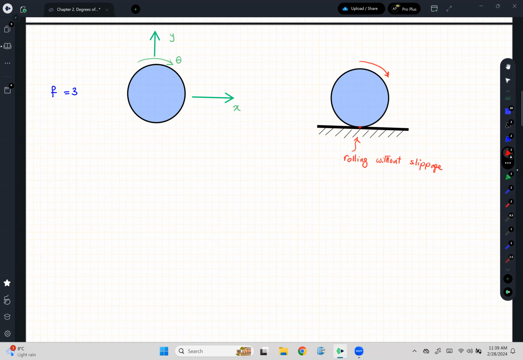So I want you to visualize your car or somebody's car moving on a street. In a regular motion, the wheel just rolls, right? It just rotates and rolls. But imagine that somebody is moving fast, all of a sudden, they put on a brake, and they have to stop.